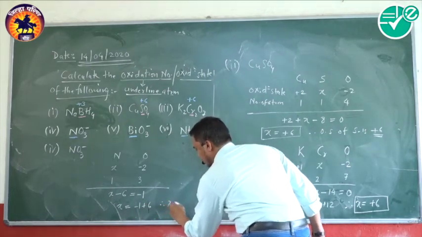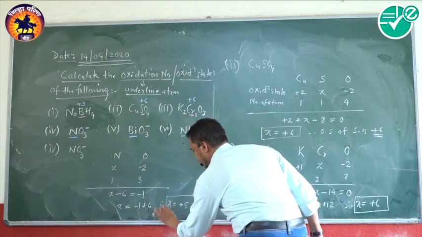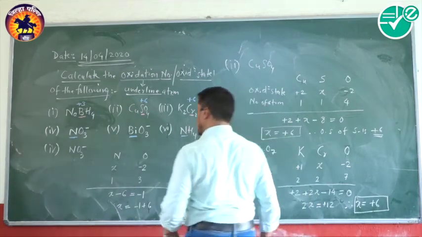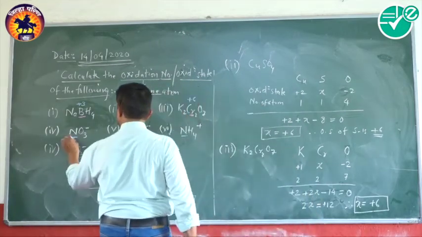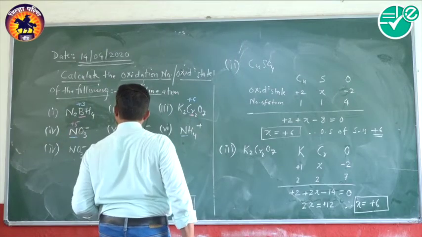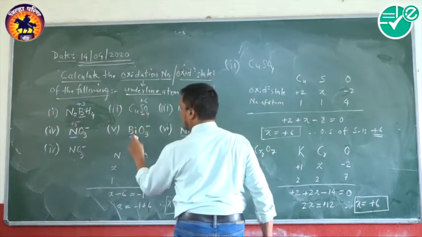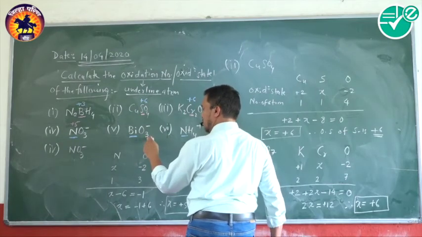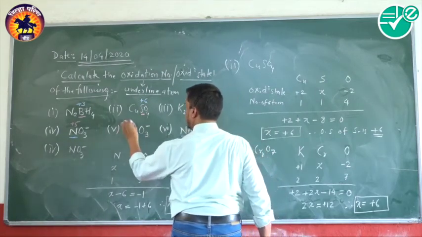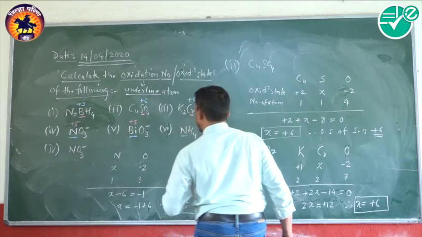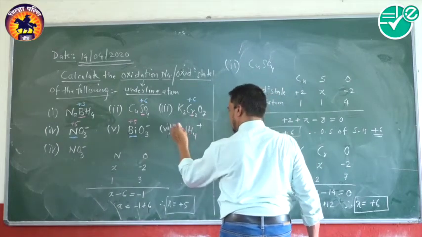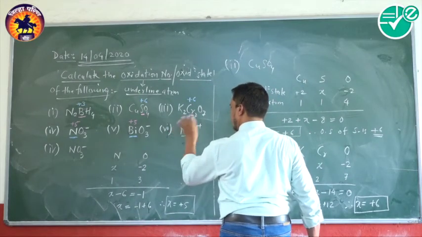Therefore, x is equal to plus 5. Therefore, the oxidation state of nitrogen is plus 5. Similarly, in the case of bismuth, it's showing plus 5. Here, the oxidation state is minus 3.